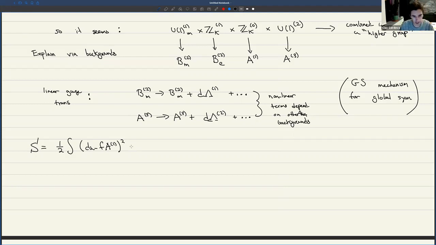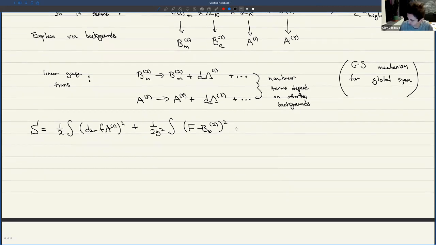Okay, so let's try and write the action coupled to background fields. Some parts are easy. Okay, so those parts are easy. Now what will we do for the magnetic parts?